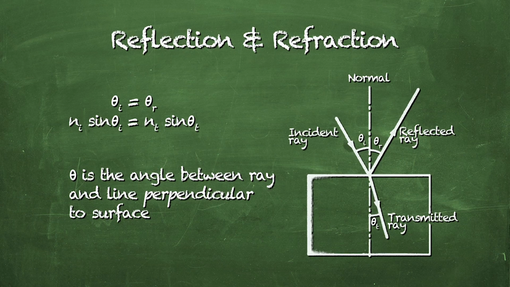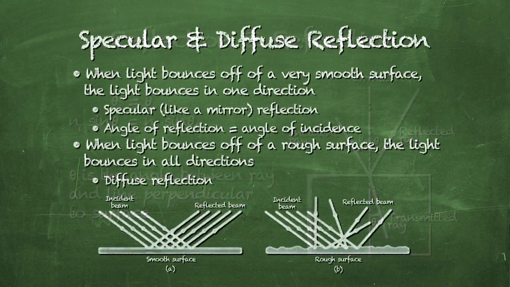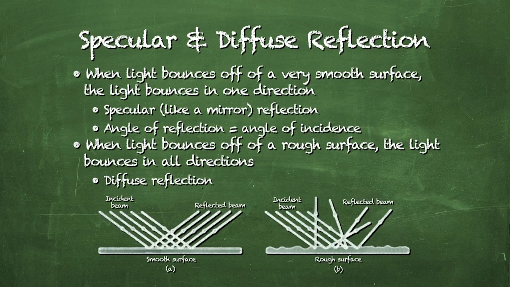Now, before we go on using those equations, I want to say a word about reflection, and specifically the distinction between what we call specular reflection and diffuse reflection. When light bounces off a very smooth surface, the light bounces in one direction, like the figure on your left.